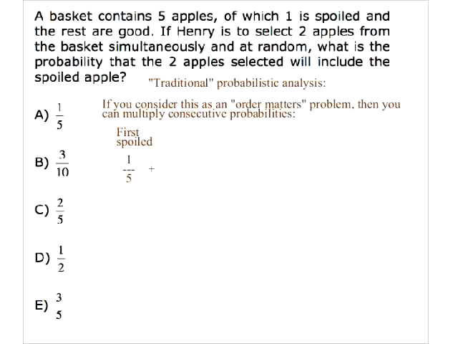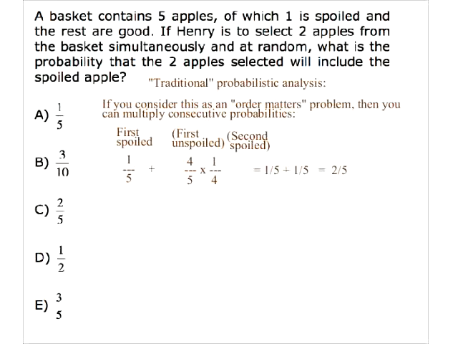But if you want the second one to be spoiled, that means the first is unspoiled and the second is spoiled. So the first unspoiled, there's a probability of 4 out of 5, because anything but the spoiled one. And then out of the remaining 4, the second needs to be the one that's spoiled. So that's a fifth plus a fifth.